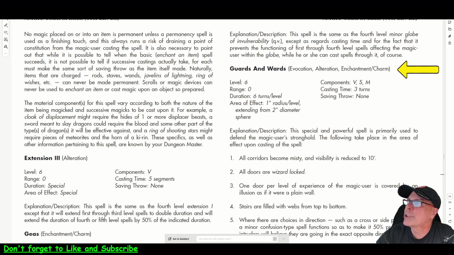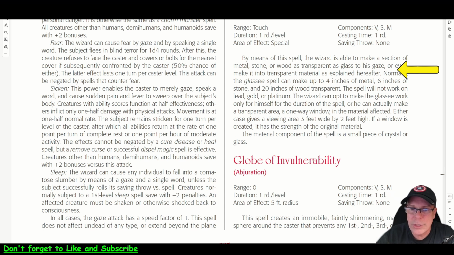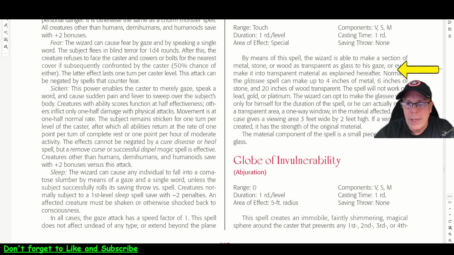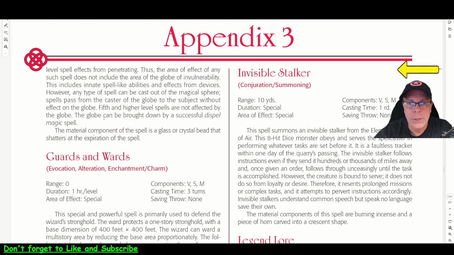All right, so 2nd edition. Here is the 2nd edition. Again, they had a Minor Globe of Invulnerability and a Globe of Invulnerability. So one was 6th level, one was 4th level. This is the 6th level version. It creates an immobile, faintly shimmering magic sphere around the caster that prevents 1st, 2nd, 3rd, 4th level spells from penetrating.